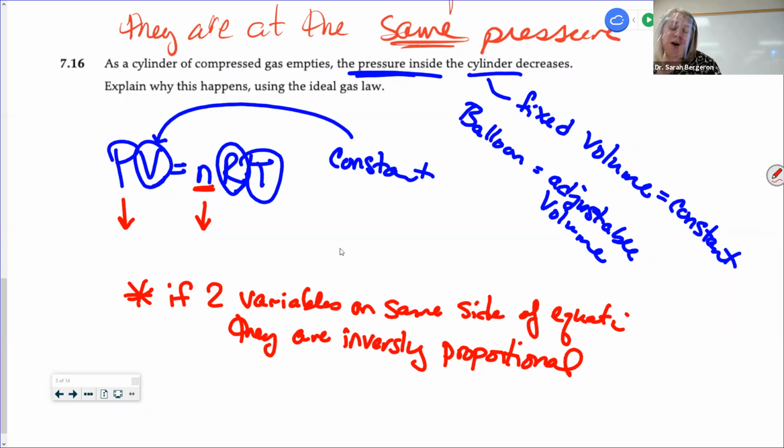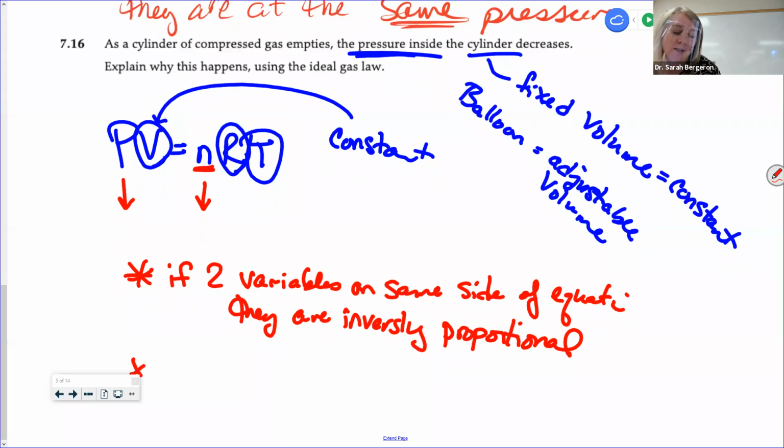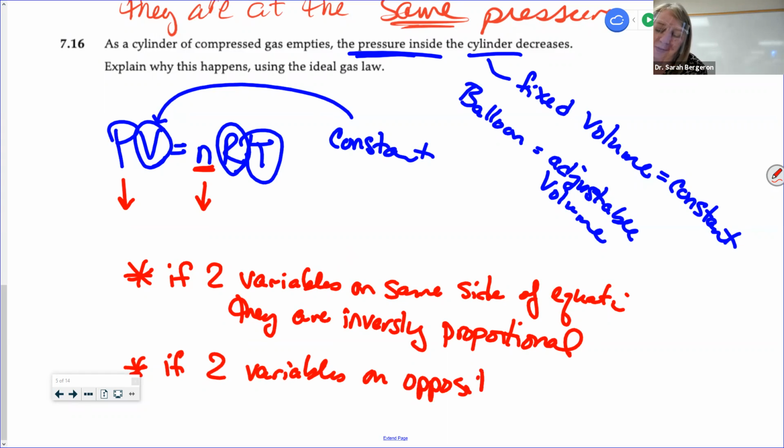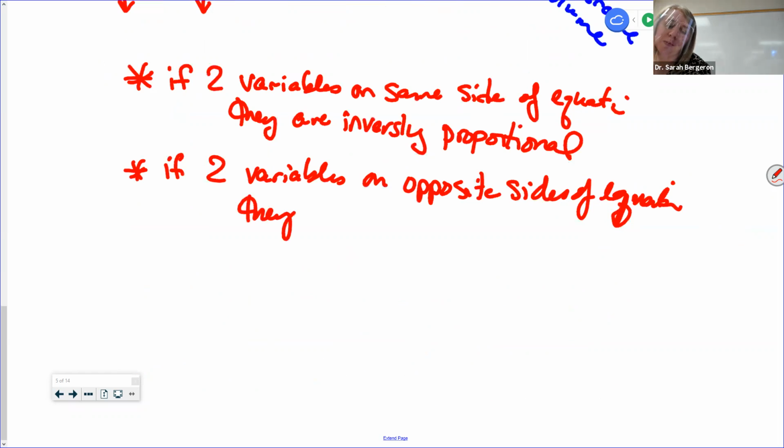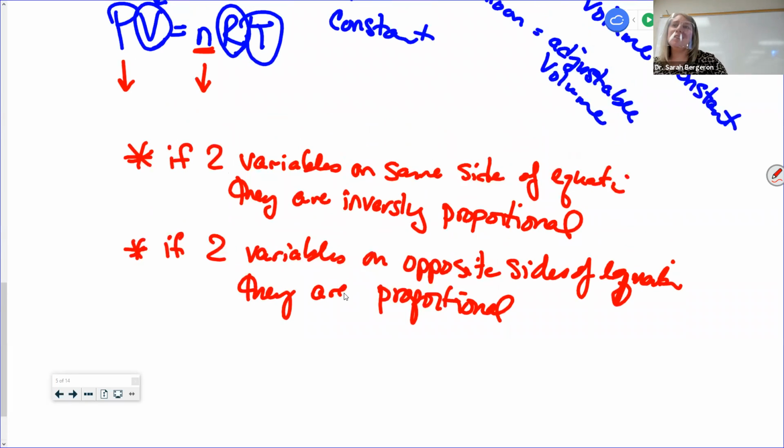And then the opposite is if the two variables are on opposite sides of the equation, they are proportional. That make sense?